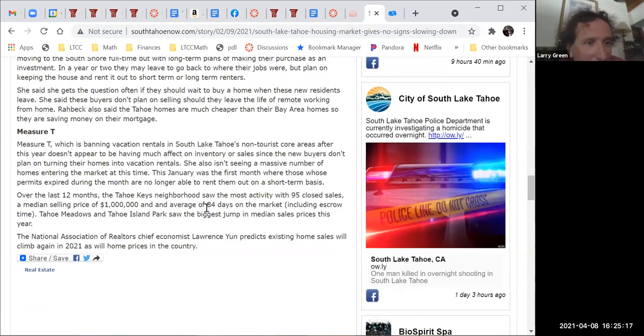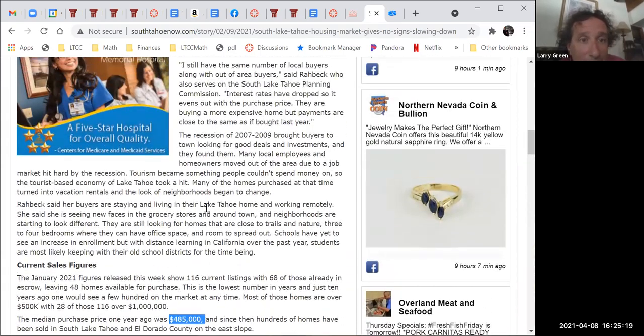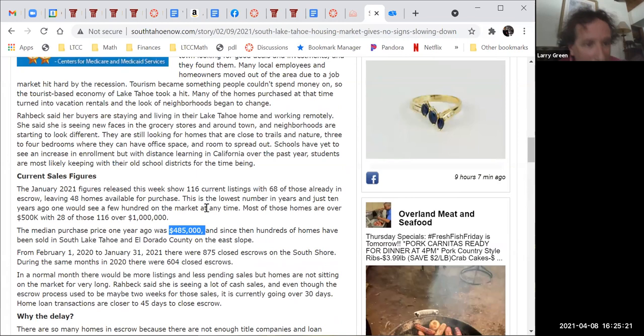I don't know if they told us the price for this year in this article, but I'll use last year's. Okay, so we got $485,000 for the median 1 year ago. All right, so that's important if you want to say, what is a typical house like?